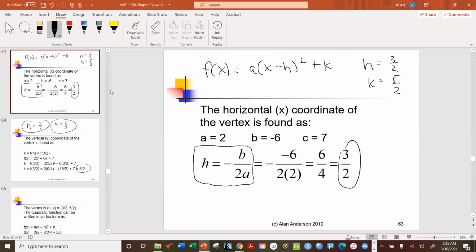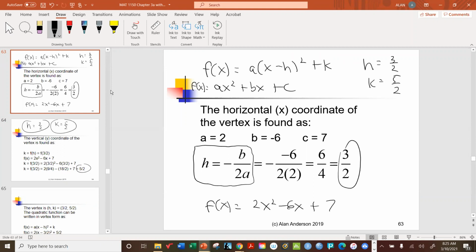Okay, here we go. So the first one, the h comes from this formula, which is taken from the original quadratic equation. So remember, the quadratic equation is ax squared plus bx plus c. And because our equation was f of x equals 2x squared minus 6x plus 7, that implies h is negative b over 2a.